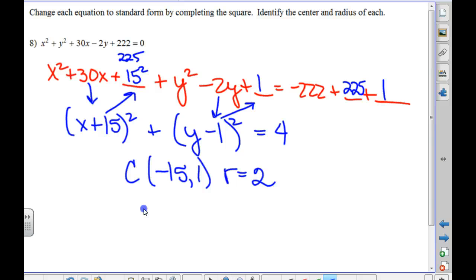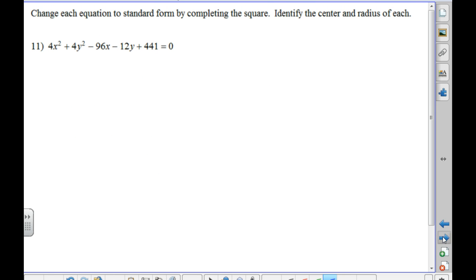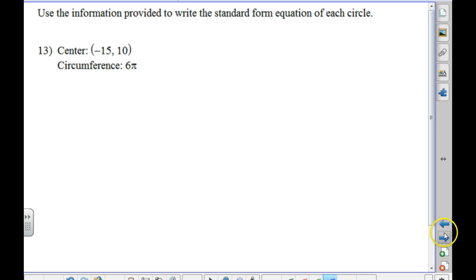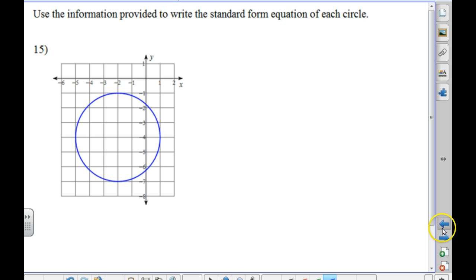If it happened to be a circle equation, you'd probably have to know how to complete the square, but I think they're more likely to do something like some of these later, where it says, here's a center and an area, find the equation, or here's a center and a circumference, or I'm going to give you 2 points, the ends of the diameter. You have to do midpoint, distance, you know.